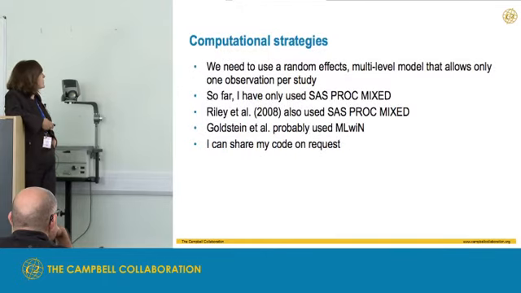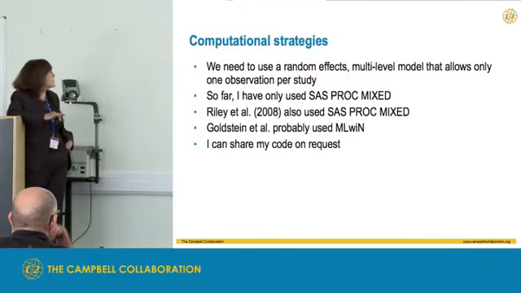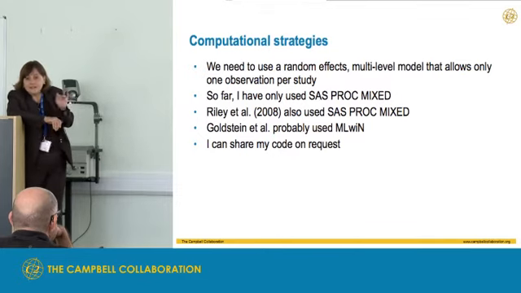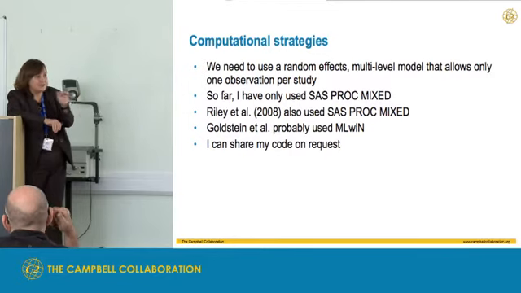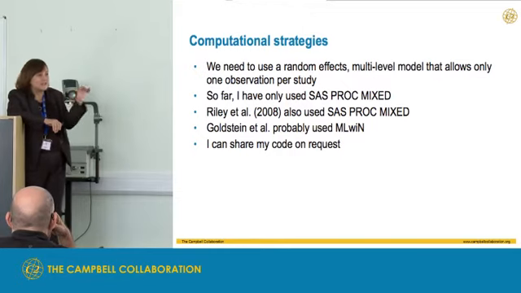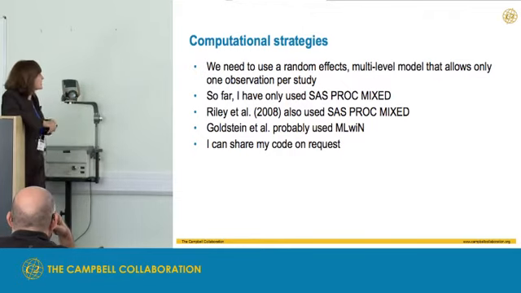Okay. In terms of computation, and maybe other people know more than I do, I used SAS proc mixed. We need something that can do random effects, a multi-level model, when you only have one case at level 1, because for the studies, for the aggregated data, we only have one case at level 1. So we can do it in SAS proc mixed.